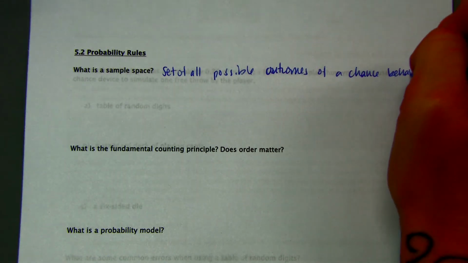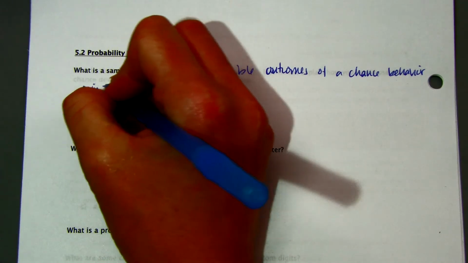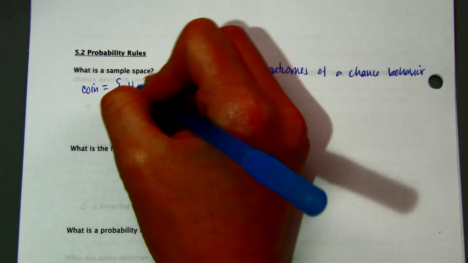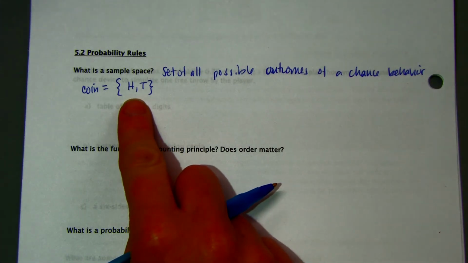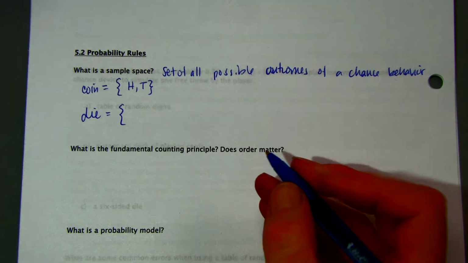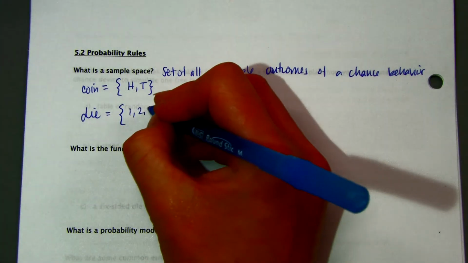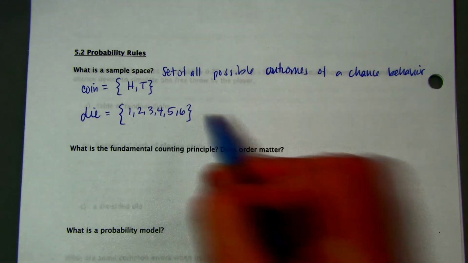For example, if we're going to flip a coin, assuming that it's a fair coin, then I will have two possibilities in my sample space, heads or tails. If I roll a regular six-sided die, then my sample space will include all of the 6 possibilities for that die.